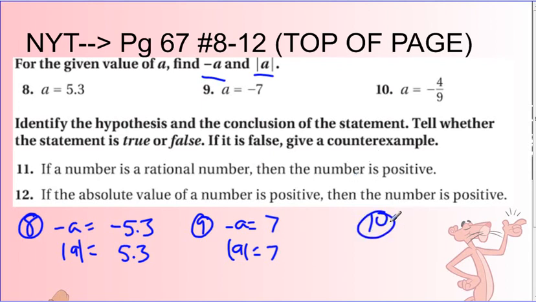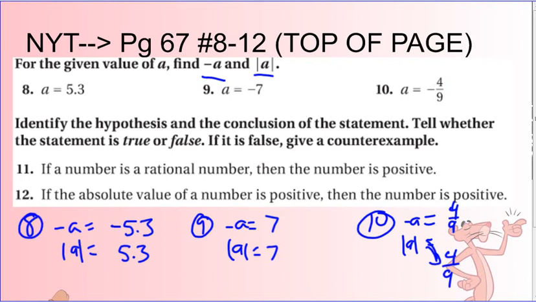And number 10, all right, a is negative 4/9. So the opposite of that is a positive 4/9. And the absolute value is a positive number. So it's the positive 4/9 again.